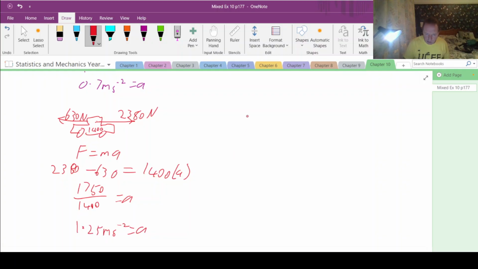Now that I've got the acceleration, I can think about suvat in this case. The distance we are looking for; they told us that the initial speed was 12 meters a second. The final, I don't know. The acceleration we just worked out, and they said 4 seconds.